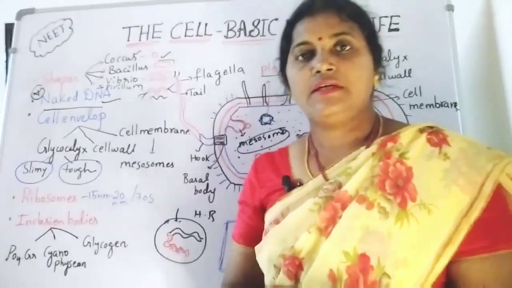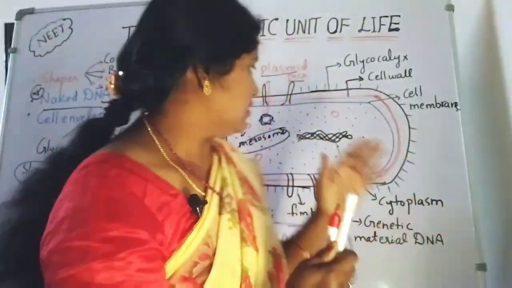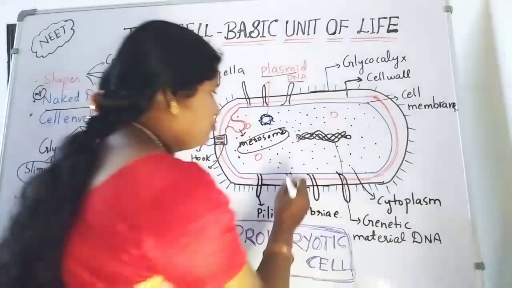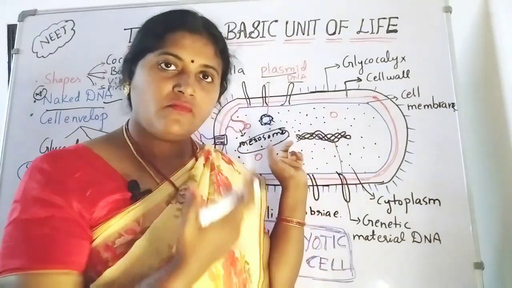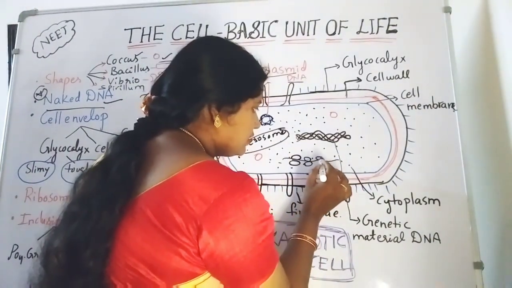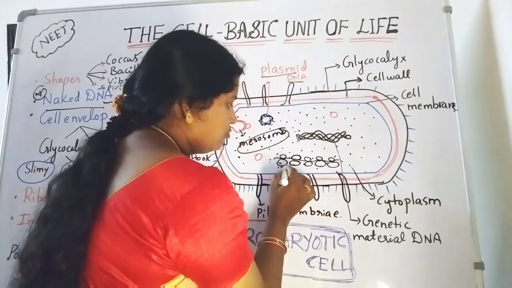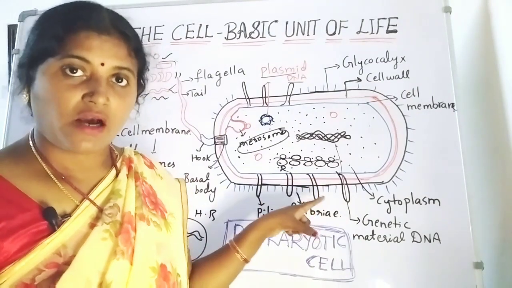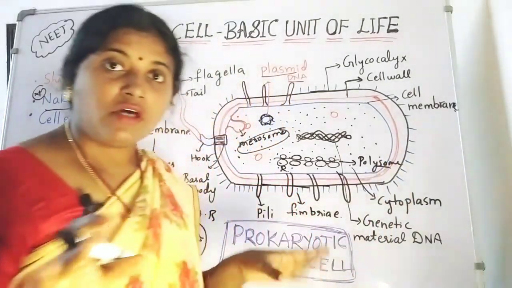A very important point here: the prokaryotic cell does not contain other cell organelles, except only ribosomes, and these ribosomes are attached with the mRNA. These are all ribosomal structures attached with the mRNA, so these ribosomes are known as polysomes.